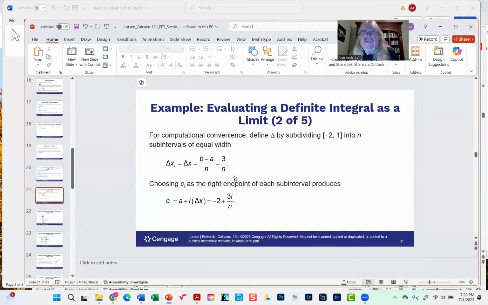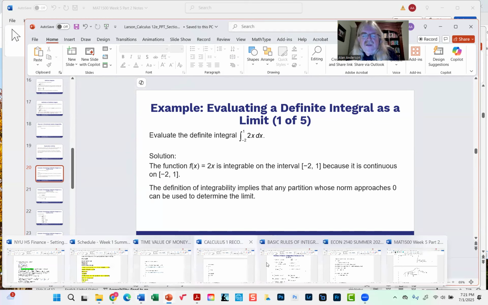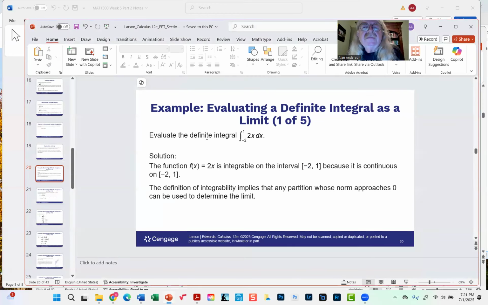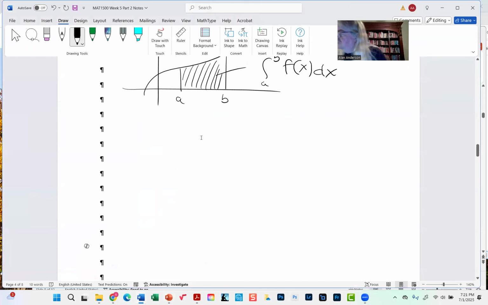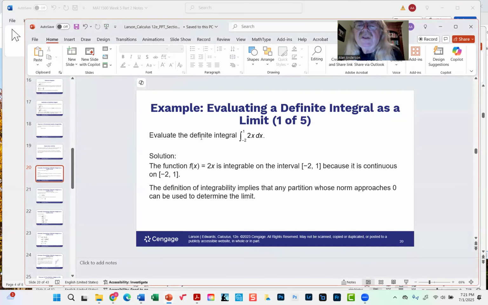They're taking the function 2x. All right, let's draw this. And they're interested in the limits -2 and 1. So the question is, how do we solve for this?